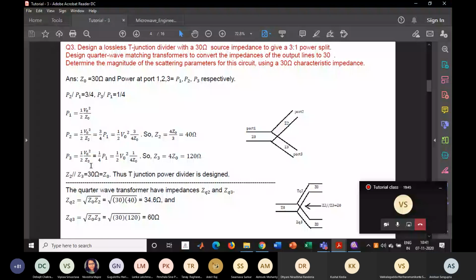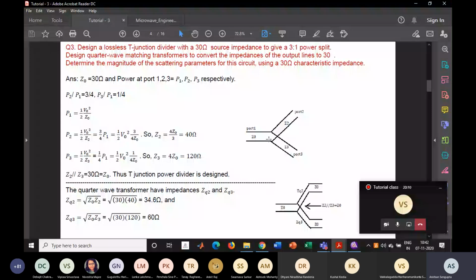So in the normal case of equal power division, the 50 ohm line is connected to port 1, and for equal division, the characteristic impedances of port 2 and port 3 will both be 70.7 ohm. And if you consider the physical length and width of these lines, they will be the same.